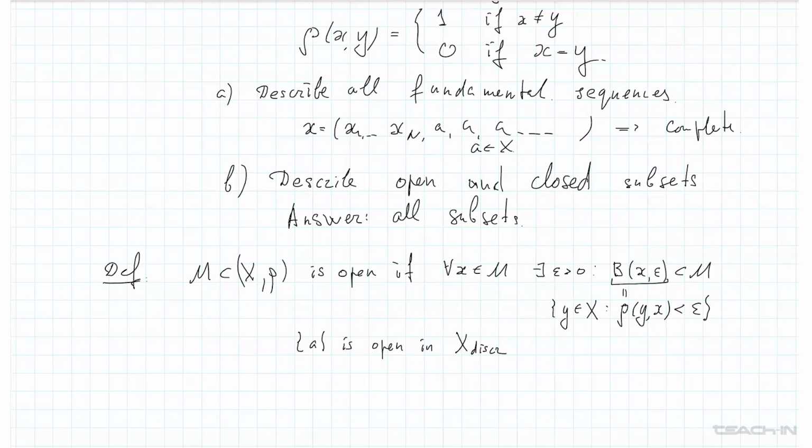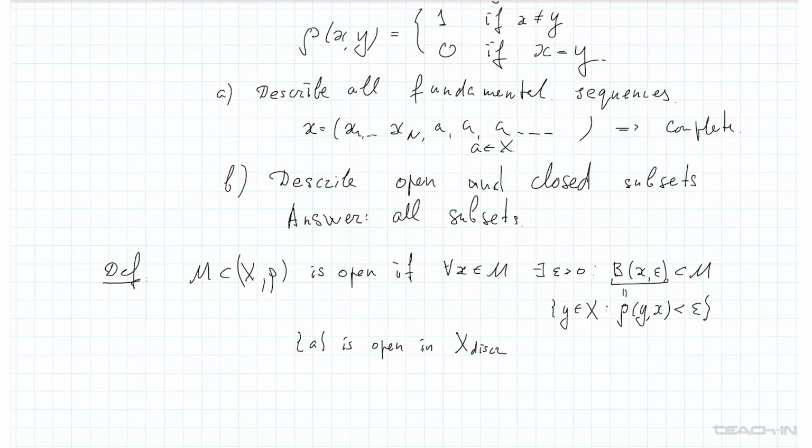By the axioms of topology, an arbitrary union of open sets is an open set. So we immediately obtain that in a discrete space, all sets are open as arbitrary unions.